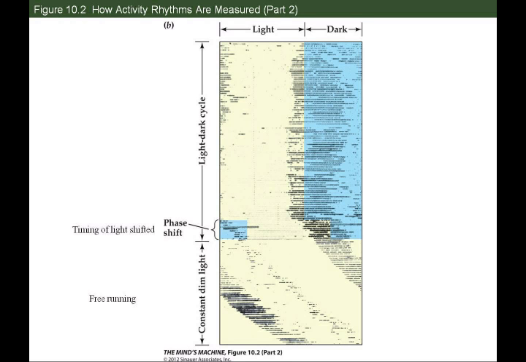When we provide a shift in time, if I point your attention to this part right here, you get a phase shift. The animal's cycle shifts a little bit to entrain with the timing of the light. In constant dim light, where the animal doesn't have any clues about day and night, the animal's cycle gets messed up, and what is generated is what's called a free running rhythm.